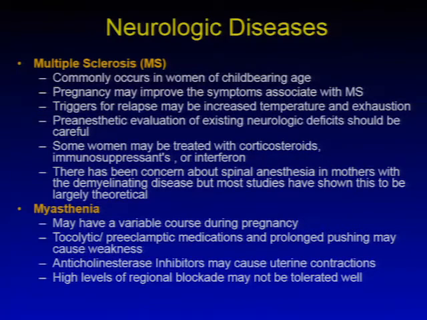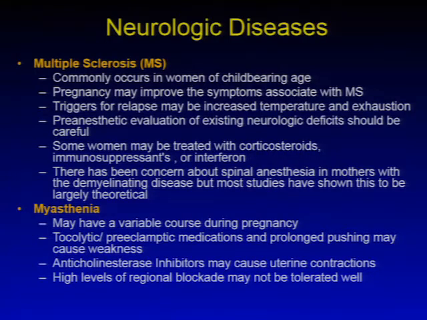And the concern about spinal anesthesia in these women has been largely discredited in recent years. Myasthenia may have a variable course during pregnancy, and it may be exacerbated by the tocolytic or preeclamptic medications and prolonged pushing.